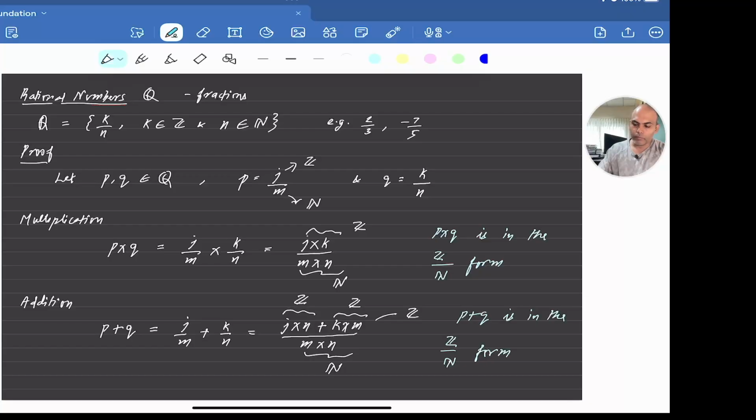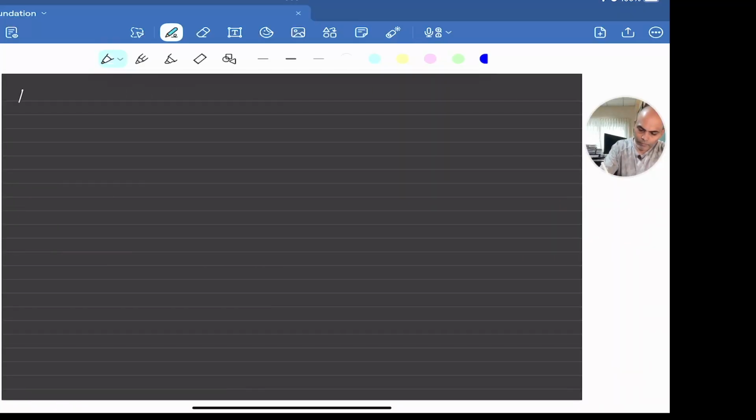Now let us do a problem. Problem 1. If q is a rational number and if q is not equal to 0, let us show that 1 over q is also a rational number.